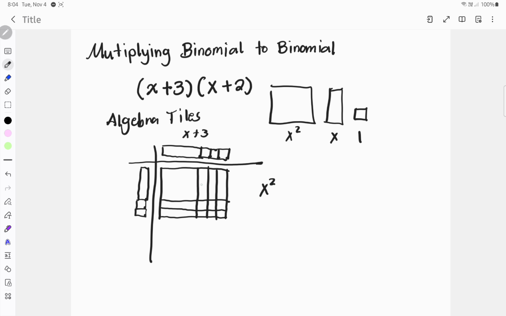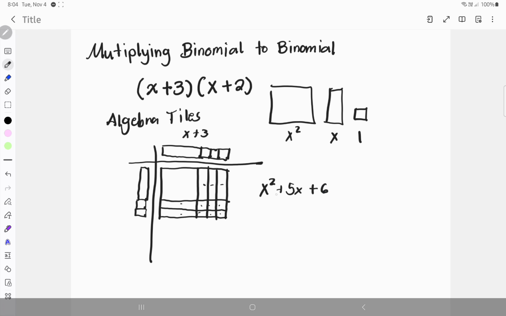Then count the number of rectangles. 1, 2, 3, 4, 5. So, plus 5x. And then counting the small squares, 1, 2, 3, 4, 5, 6. So this would be 6. And the product is x squared plus 5x plus 6. So, that is now the first method.